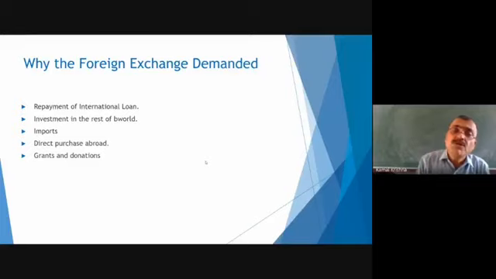Next is, if we want to import some goods from abroad, जब हम विदेशों से कोई सामान मंगवाते हैं, in that case also we need what? Foreign exchange. क्योंकि उन देशों में रुपया नहीं चलता है, रुपया तो केवल हमारे देश में चलता है.